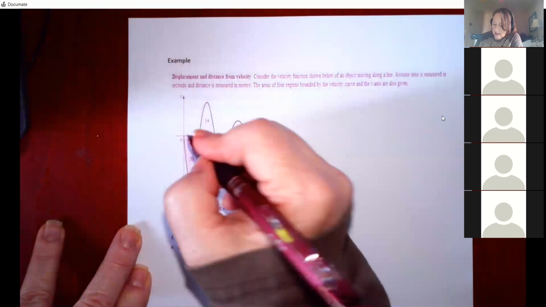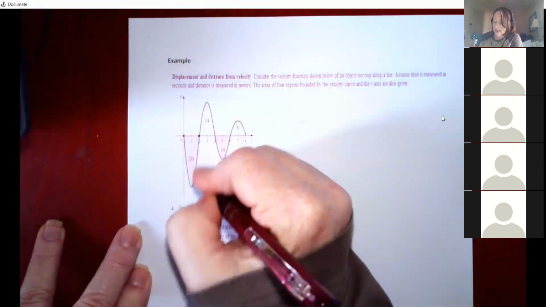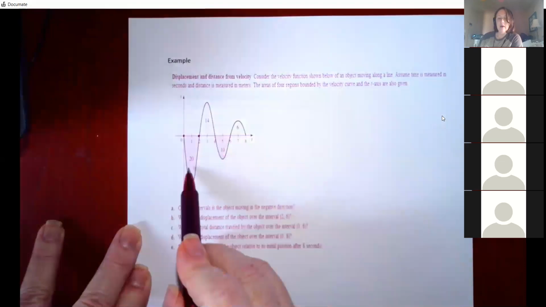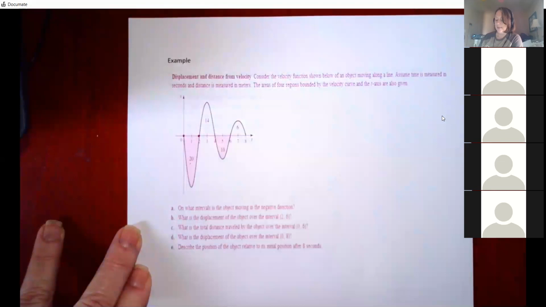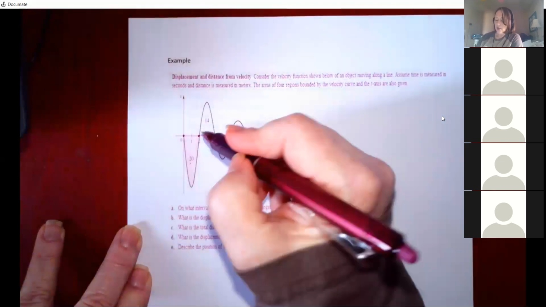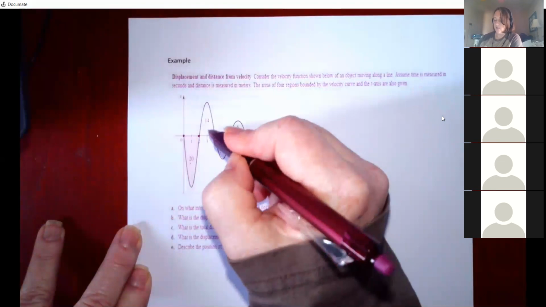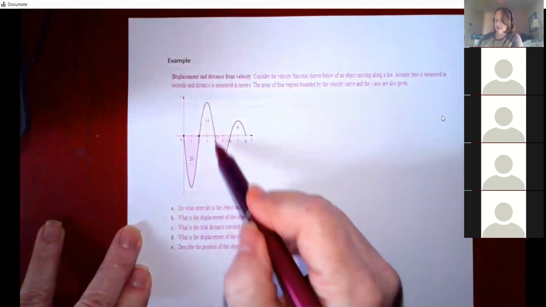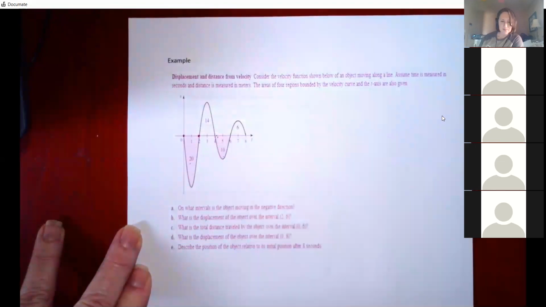So between 0 and 2, our velocity function is completely negative, and the area of the region between that velocity function and the t-axis is 20. Between 2 and 4, our velocity is positive, and that area is 14. 4 to 6, it's 10, and 6 to 8, it's 6.